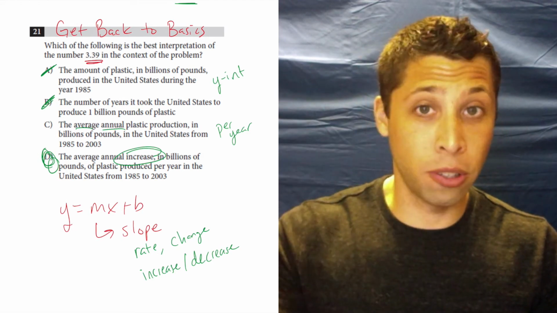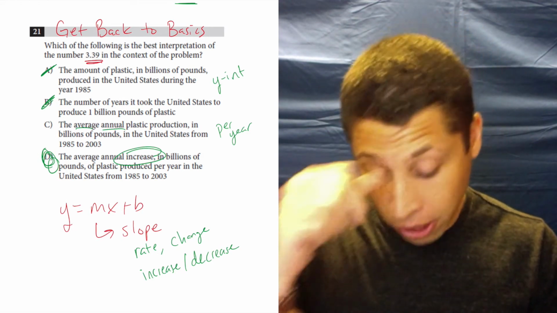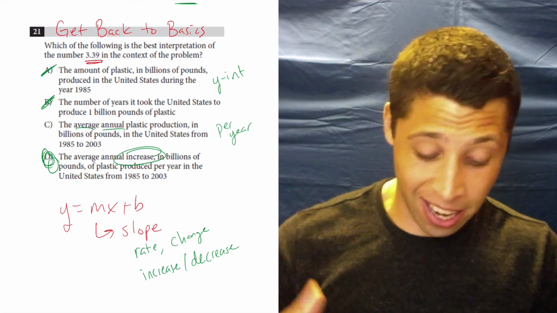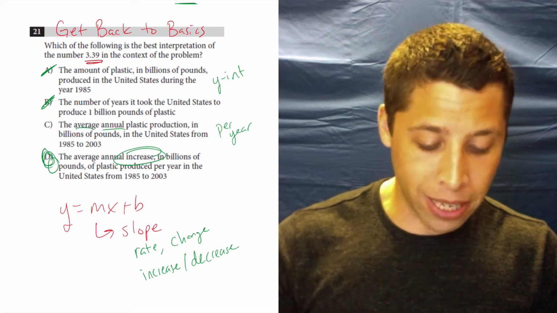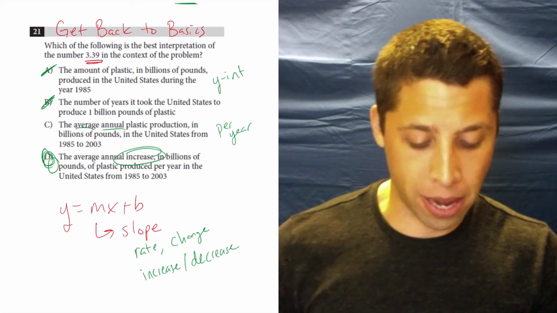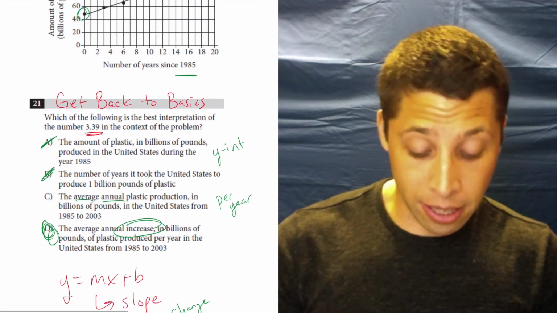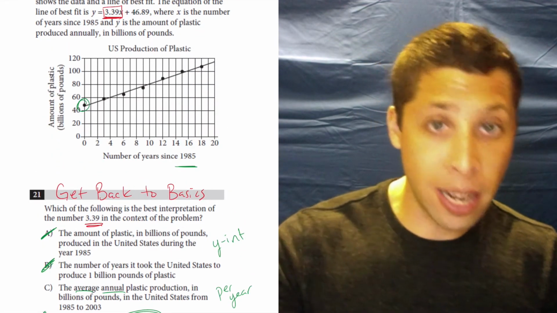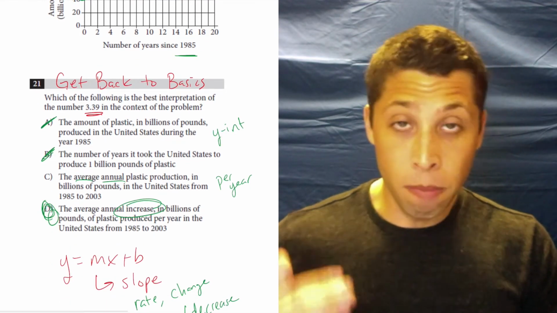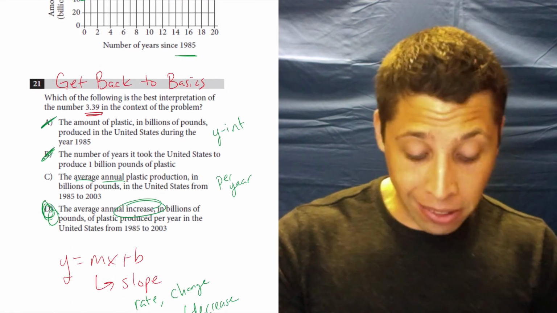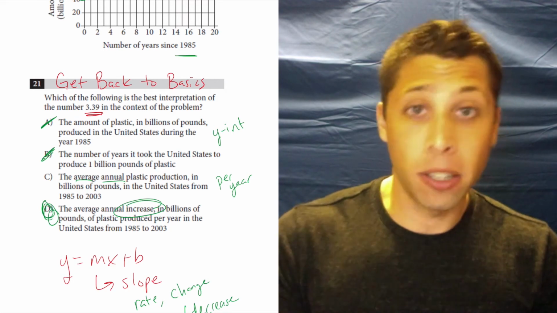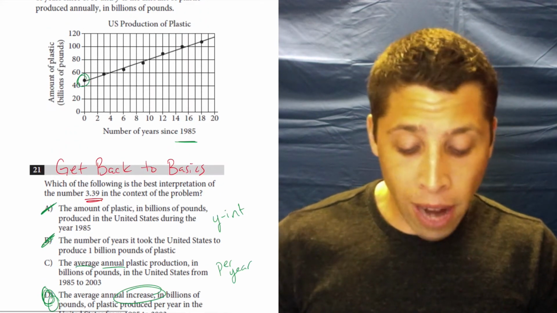But I think it's worth explaining why C is wrong. Let's look at that again. What does it actually say? The average annual plastic production in billions of pounds in the United States from 1985 to 2003, meaning that 3.39 would be the amount of plastic produced each year. But if we look at the graph, look at all the points.